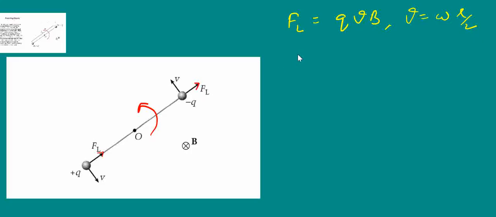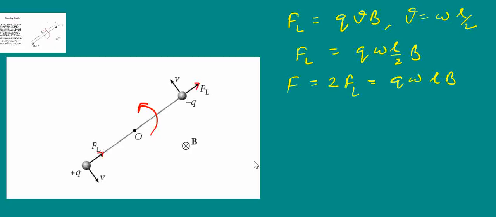So the magnetic force is basically q omega L by 2 times B. You can see that the resultant force acting on the dipole due to these two Lorentz forces, which are in the same direction, is 2 F_L, twice the Lorentz force. That will be simply q omega L B.